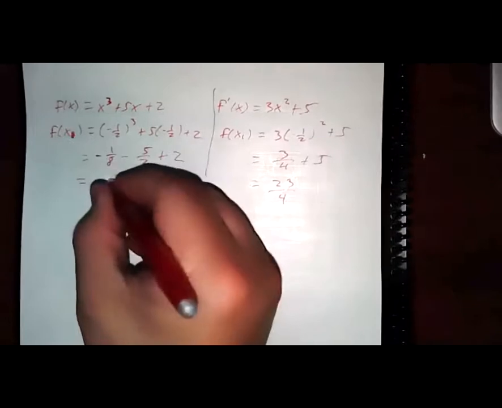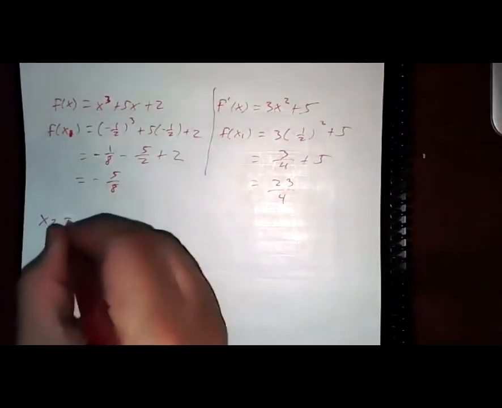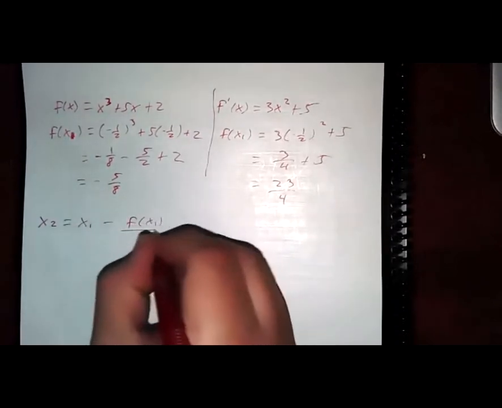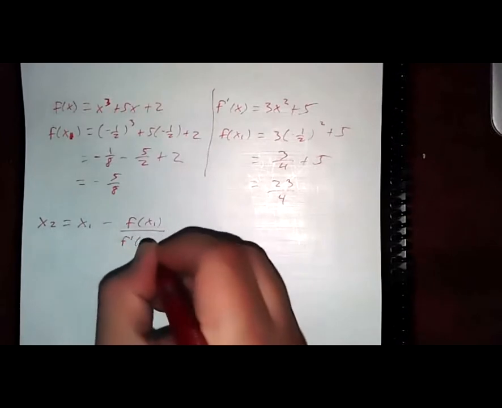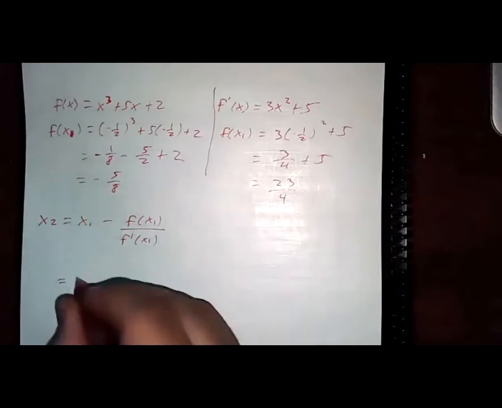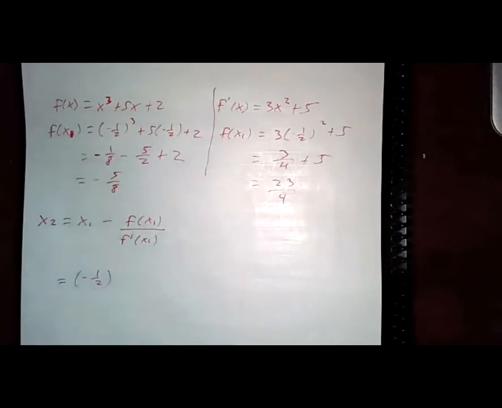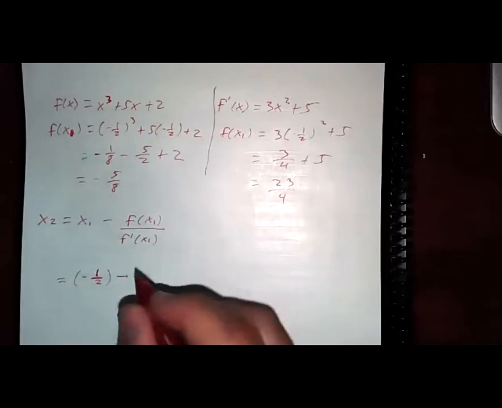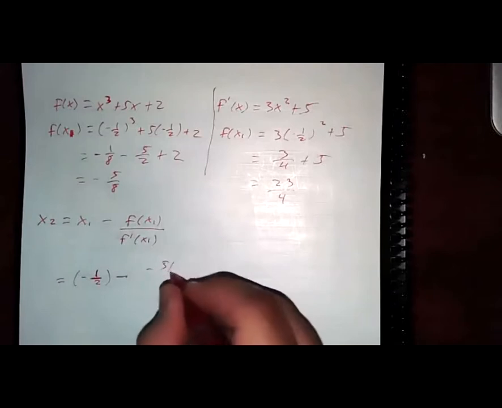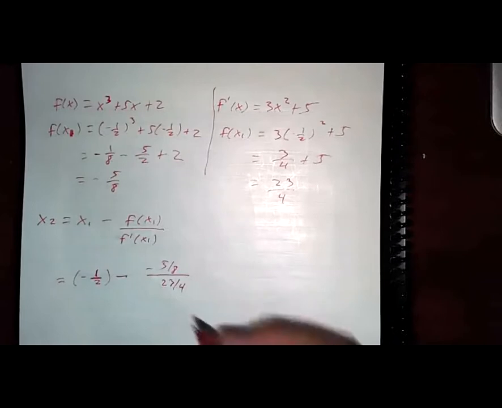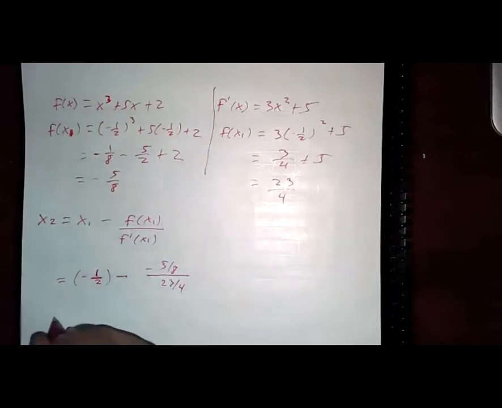This is negative 5/8. So the formula says that x2 is equal to x1 minus the function at x1 over the derivative at x1. So we will get negative half minus negative 5/8 over 23/4. So what is this going to be?